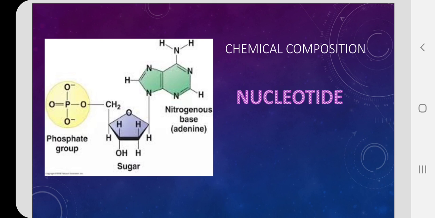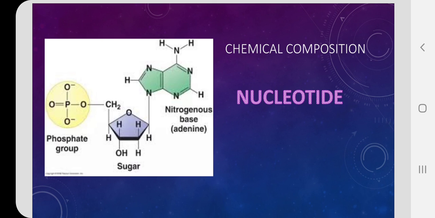This is the base shown for adenine, so it forms adenylic acid. If it is thymine, it will make thymidylic acid, or cytosine, cytidylic acid, or guanine, guanylic acid, deoxyguanylic acid.